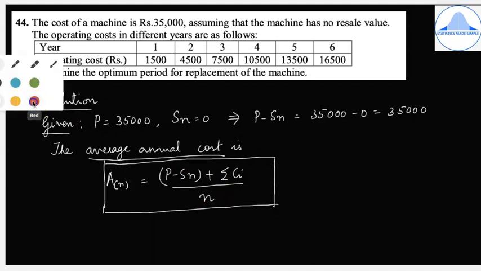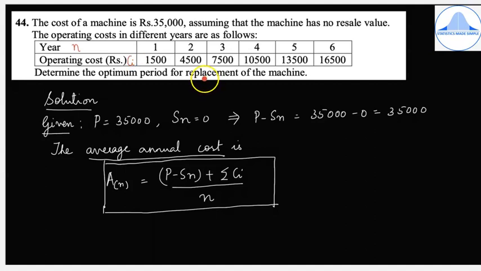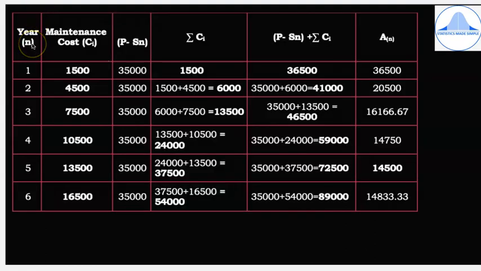So in the table, I will also mark the year as n. The operating cost is nothing but Ci, which is also the maintenance cost. I have written the years in the first column 1, 2, 3, 4, 5, 6, which is n.